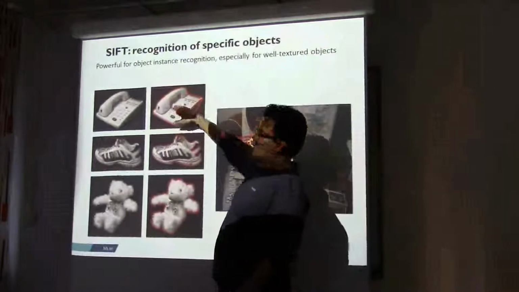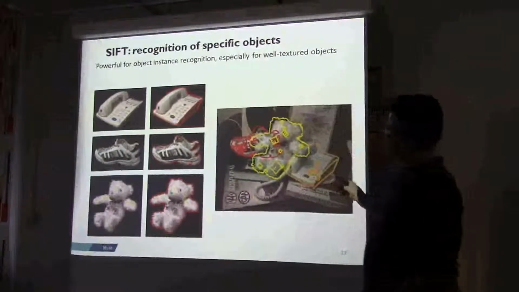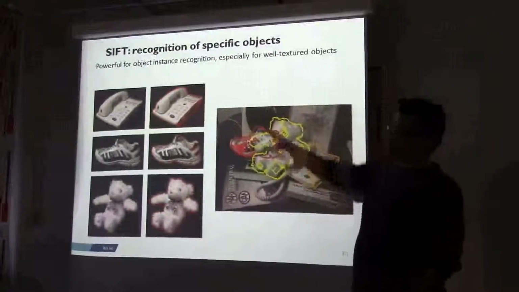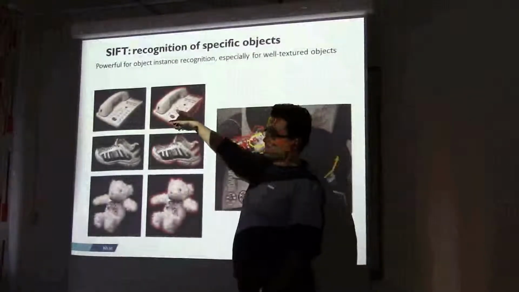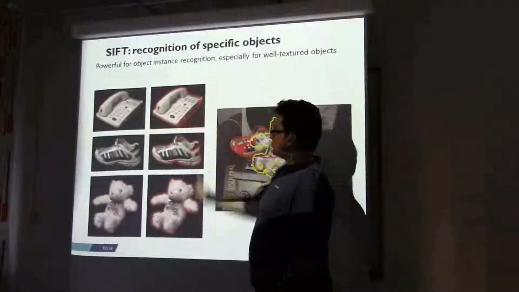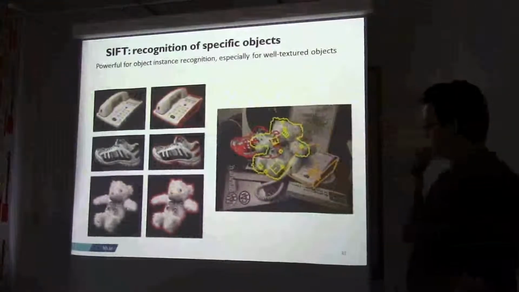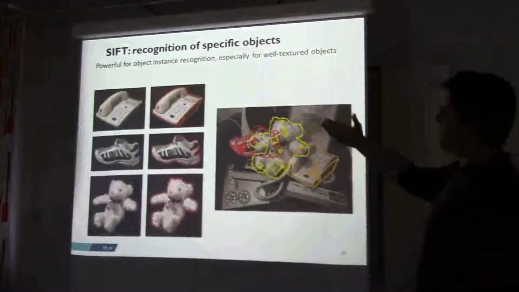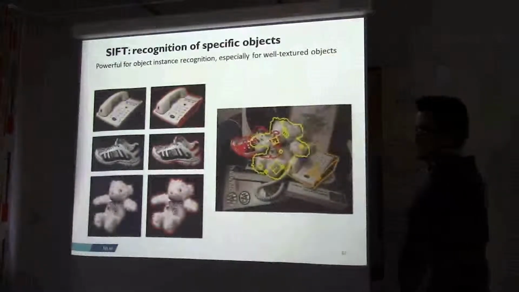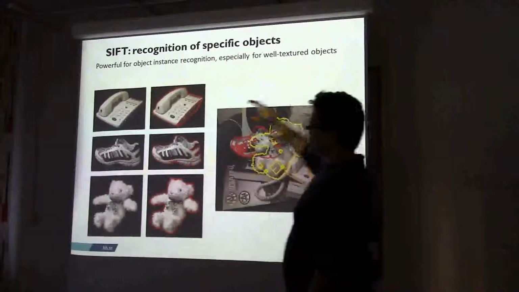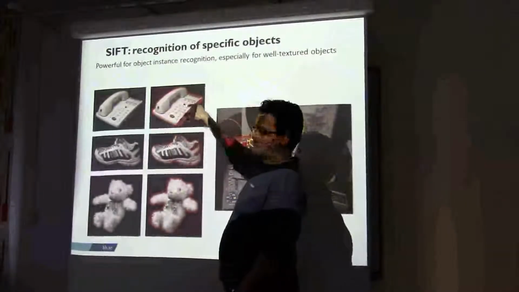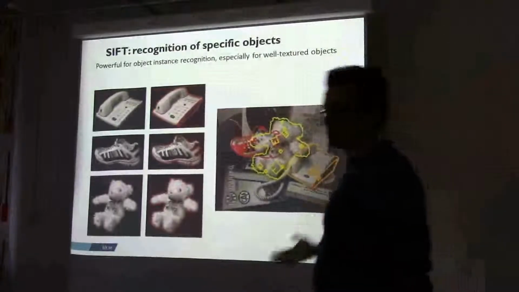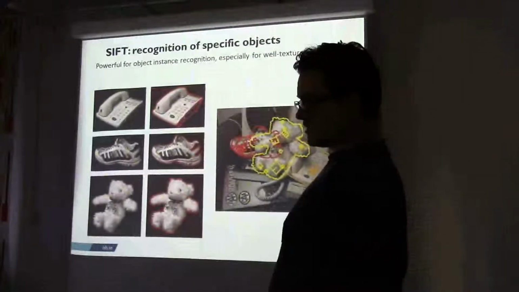You extract points here and find in this image if there are enough points that are matched with the points extracted here. So you use different training images to see if the points that you extract are found in a random image. If you get many points matched in another image, you say, okay, I can presume that this object is present here. Get the idea?